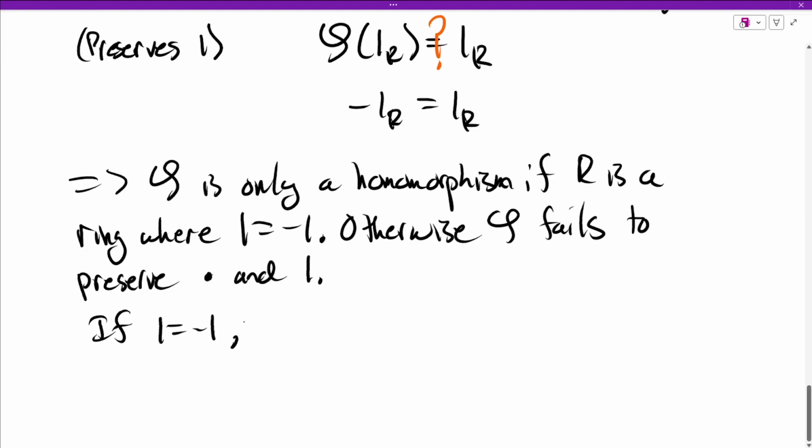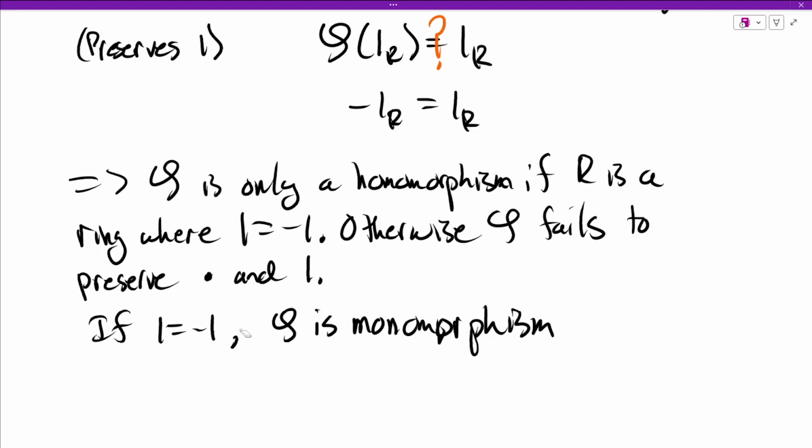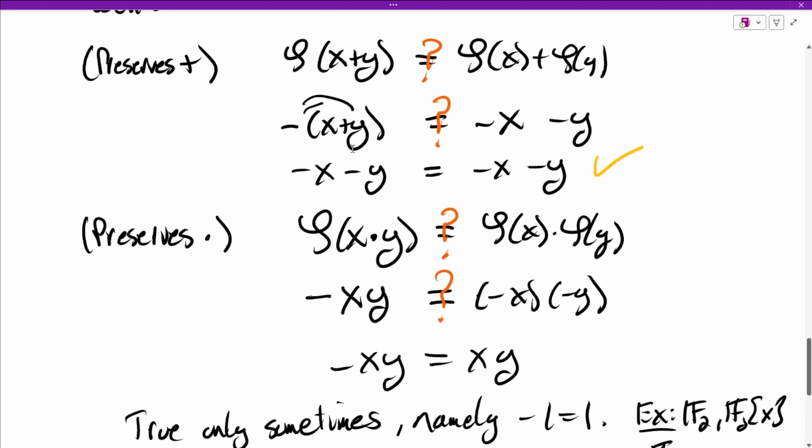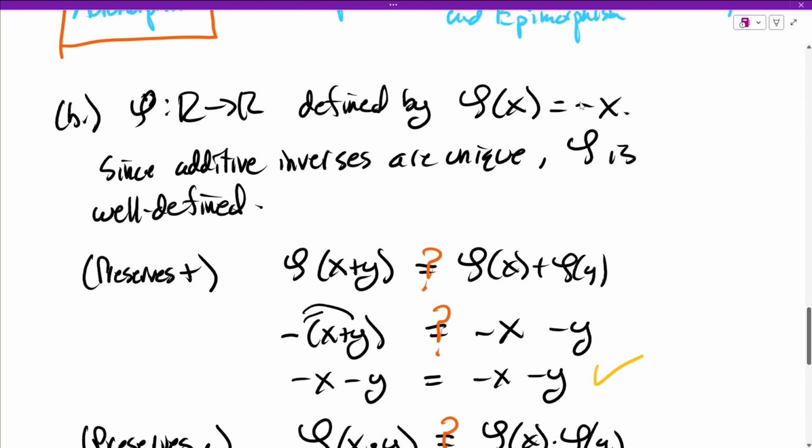so 1 is -1, phi, it's not hard to convince yourself, is actually a monomorphism. Because phi, well, how do you show that it's a monomorphism? Suppose, well, let me actually not go down that route. Let me just notice here, if 1 equals -1, then phi is -1 times x, but 1 and -1 are the same.